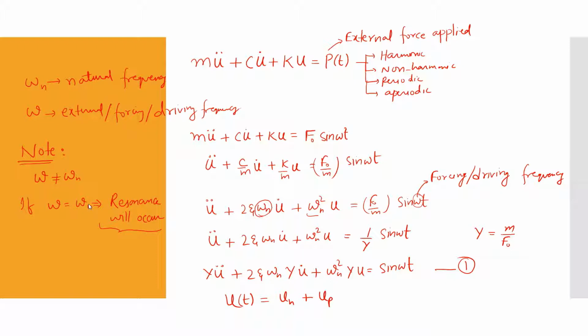The homogeneous solution means that this left side would be equal to 0, and we have considered it in the last case. We have studied how we do that. And in the second case, the particular solution would be there; the right hand side is sine omega t, so we will solve accordingly.